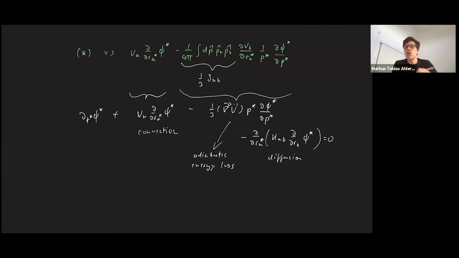So all these additional interactions that cosmic rays have will lead to additional terms in this expression. So this expression, which is shown here, is simply giving you the evolution of the phase-space density, just accounting for diffusion, convection, and adiabatic energy losses from the divergence of the bulk velocity of the plasma.